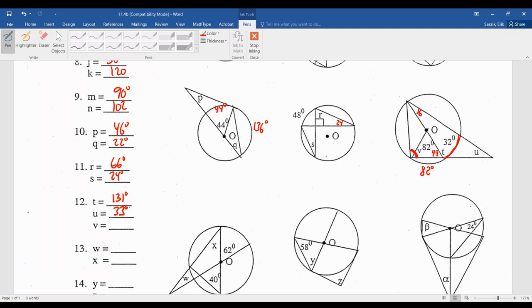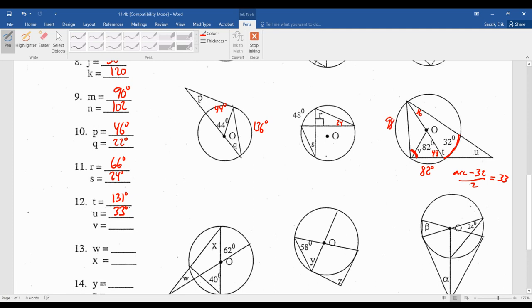So we have this arc here, arc minus the 32 over 2 equals U, which is 33. So if that was times 2, I'm just doing a little solving here. So you get 98 to be, oh, I could have just gotten that from the 49.